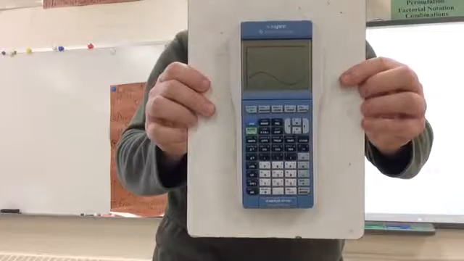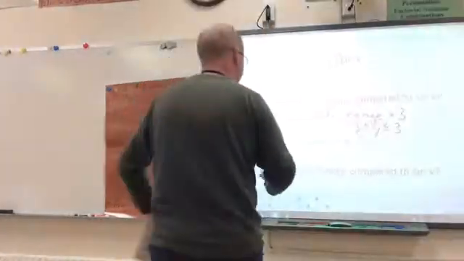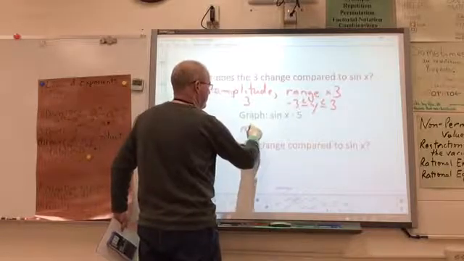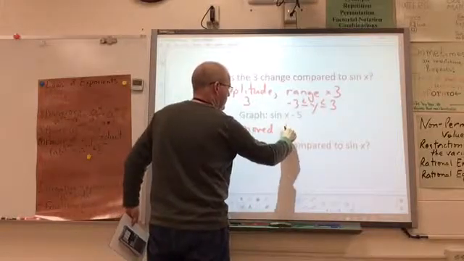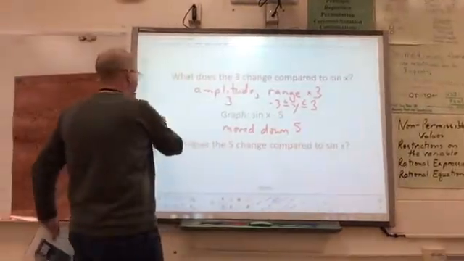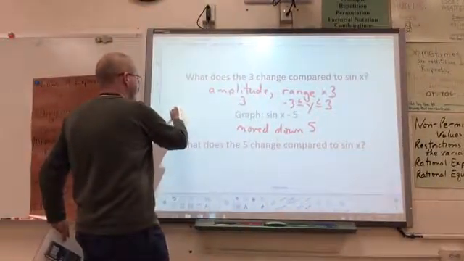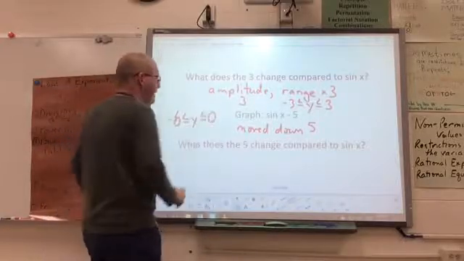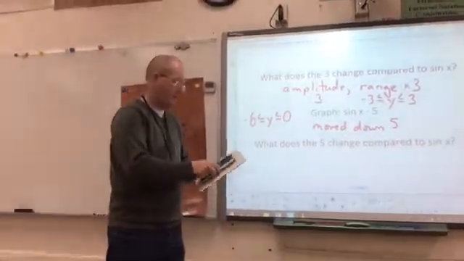And what have you got? A graph that moves down. This whole thing has moved down 5. Now that is my window for y, minus 6 is less than or equal to y is less than or equal to 0, and I get to see the graph.